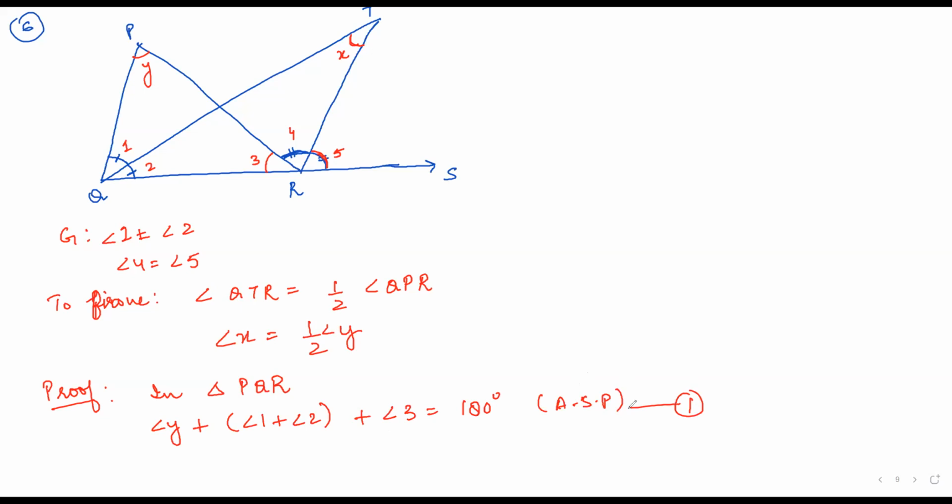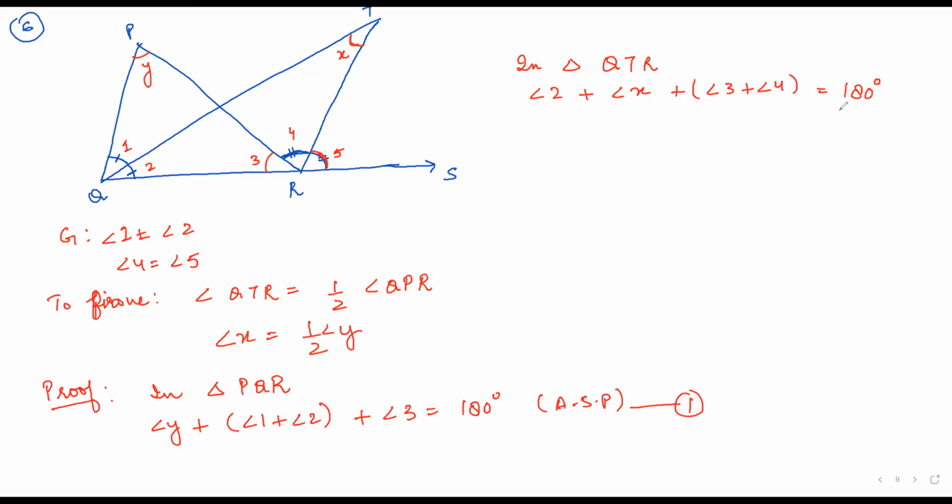Now come back to another triangle. So in triangle QTR, again use the angle sum property. So that means angle 2 plus angle X plus angle 3 and 4, not 5. 3 and 4 are inside. So the sum of all these angles should be 180 degrees.